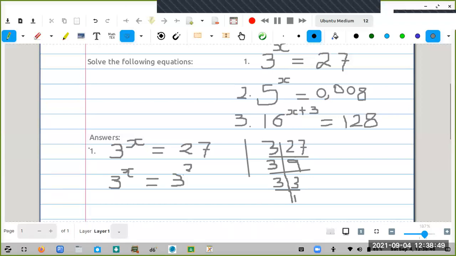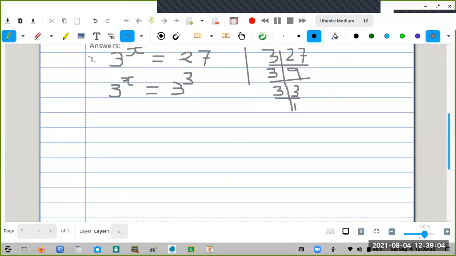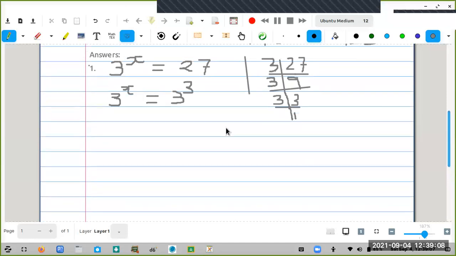In this case, we have changed our exponential equation into an equation that has common bases. Then I am going to equate the exponents only.